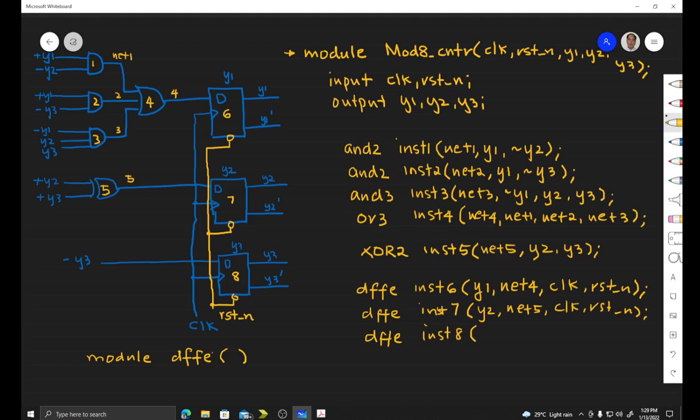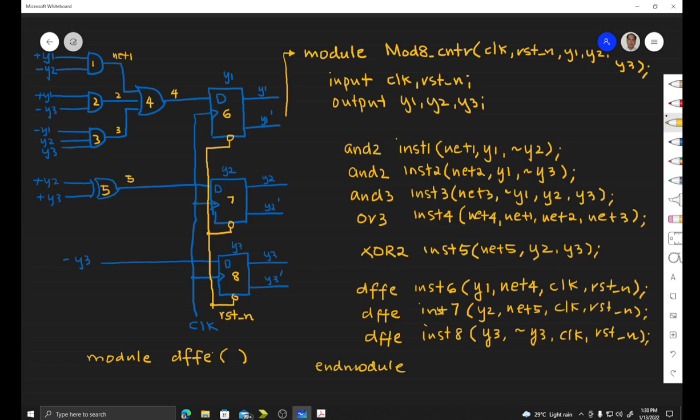Output Y3, then the input is not Y3, then we have the clock, reset N. Then that is the end of our module, endmodule.